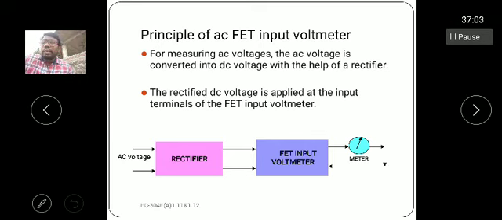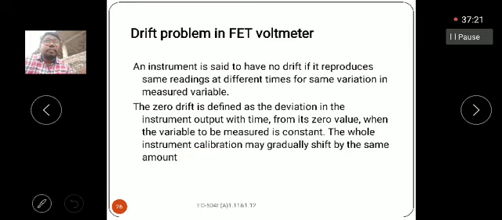That is one of the disadvantages. And it can measure only DC voltages. These are the disadvantages of the FET input voltmeter. And one more important topic is the drift problem in the FET voltmeter.